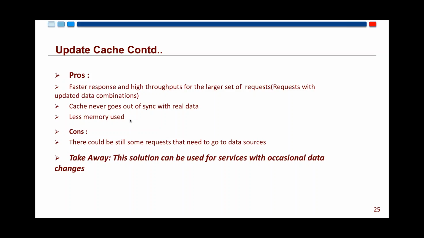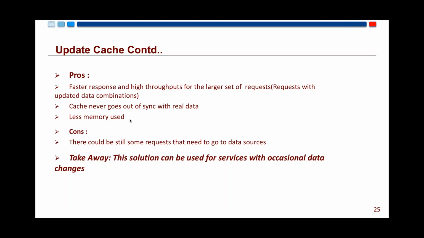The one possible disadvantage with this solution is there could still be some requests that need to go to the data sources. For example, if there is a new input which is not present in the cache because of the updates from the data sources, that has to still go to the data sources and fetch the data. The takeaway from this is that the solution can be used for services with occasional data changes.